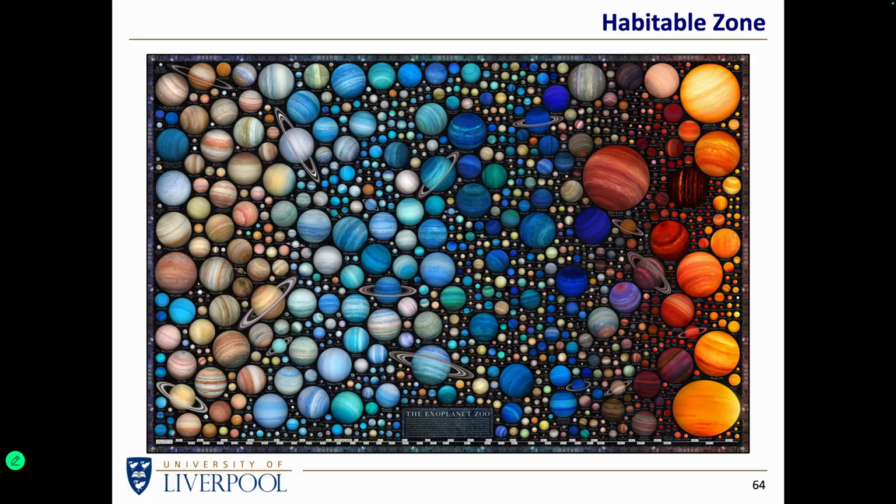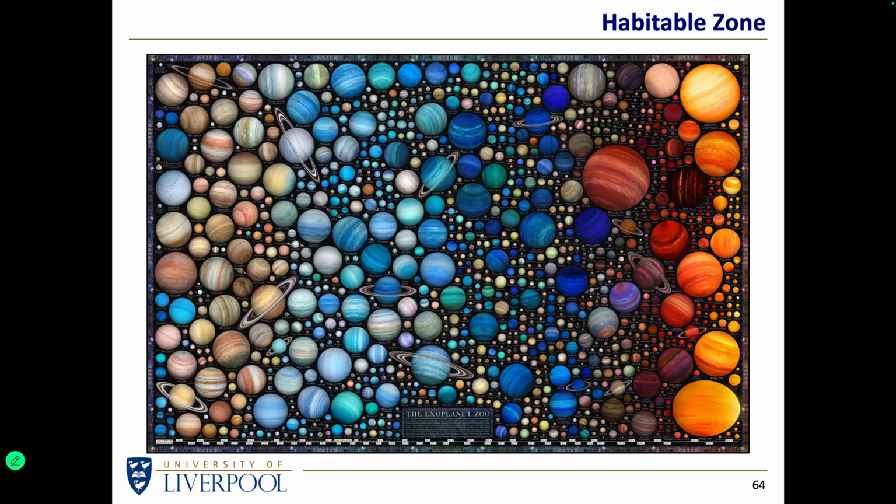But if we were interested in whether or not any of these planets could in principle have liquid water rather than simply water vapor or solid water ice, is there a possibility that some of these planets have got liquid water, because we think that's a good possibility for starting life? Well, we have to look in the so-called habitable zone.